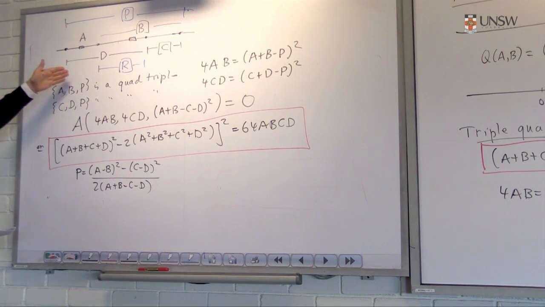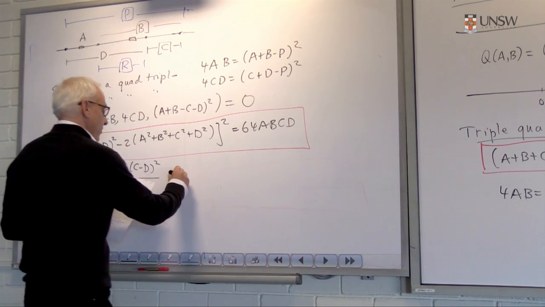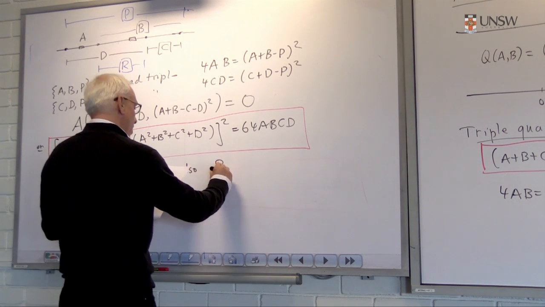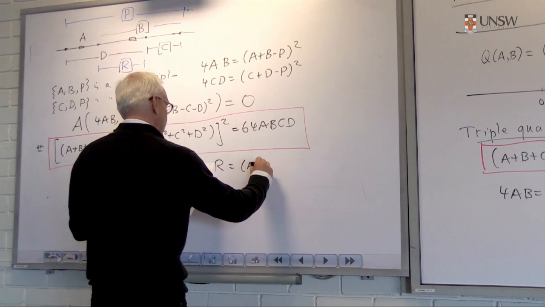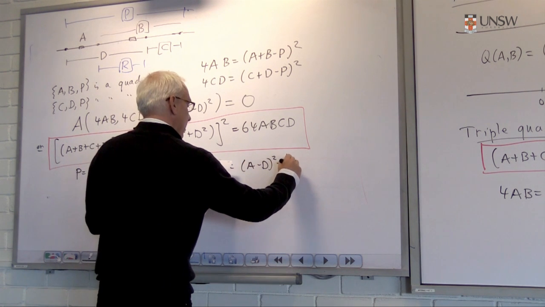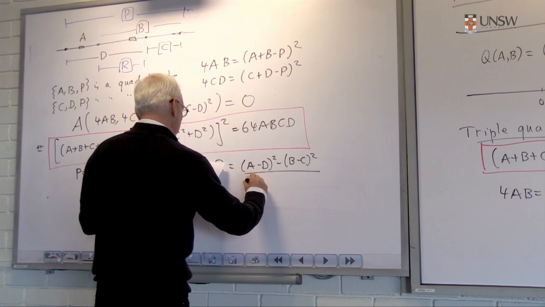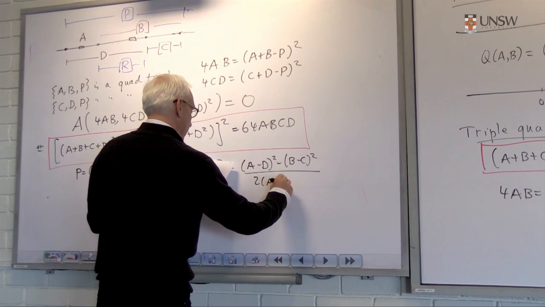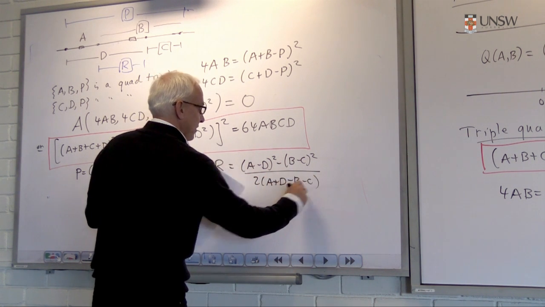And then we play the same game with R and its relation. So we get a similar formula for R as a minus d squared minus b minus c squared over 2 times a plus d minus b minus c.